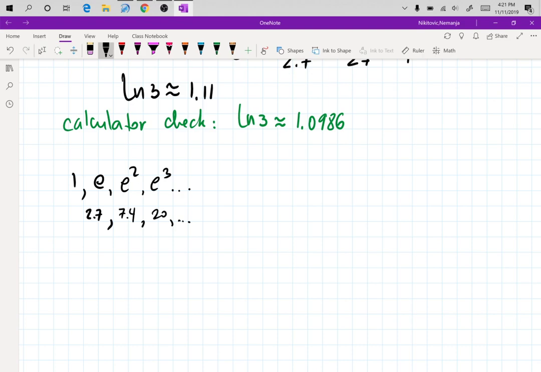So now, if I want to calculate ln 10, well, I better use e squared, because e squared is closer than e cubed. Now, maybe we can use e to the 5 halves, right? E to the 5 halves might get closer to 10 than 7.4. I don't know. We can try, right?